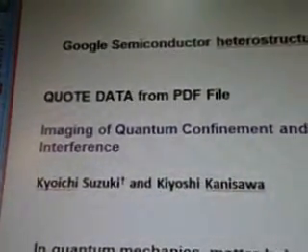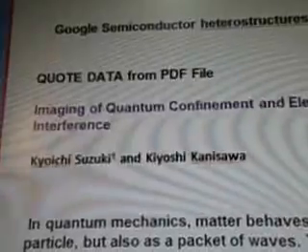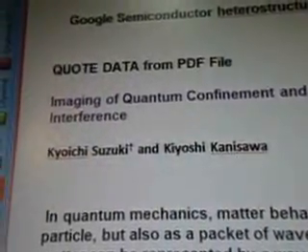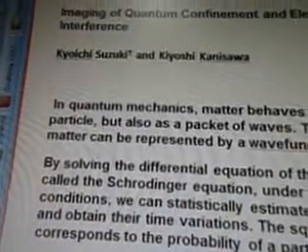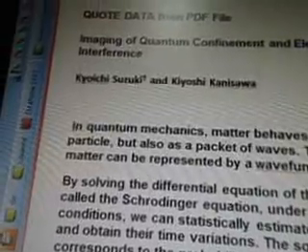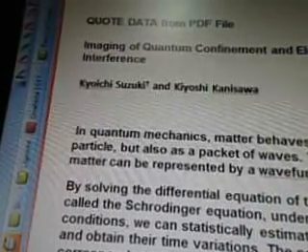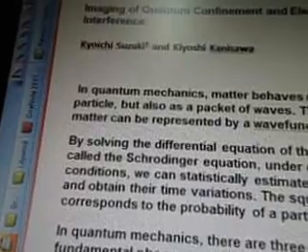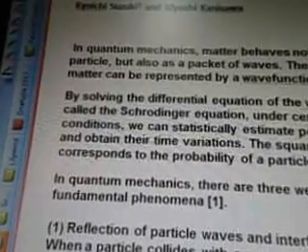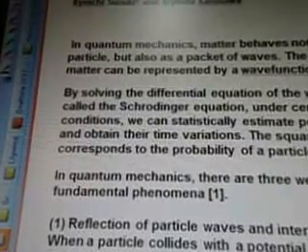So we're going to Google semiconductor heterostructures, quote data from a PDF file, imaging of quantum confinement and electron wave interference, Koichi Suzuki and Koichi Kanawisha. In quantum mechanics, matter behaves not only as a particle, but also as a packet of waves.